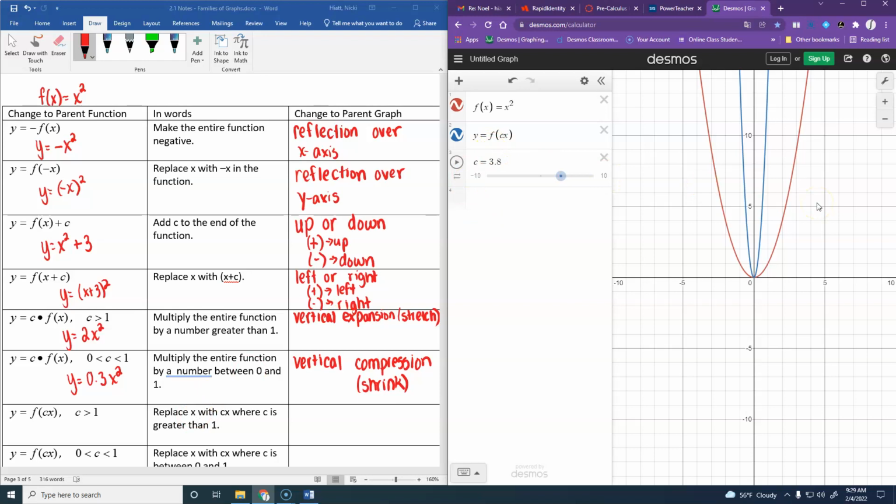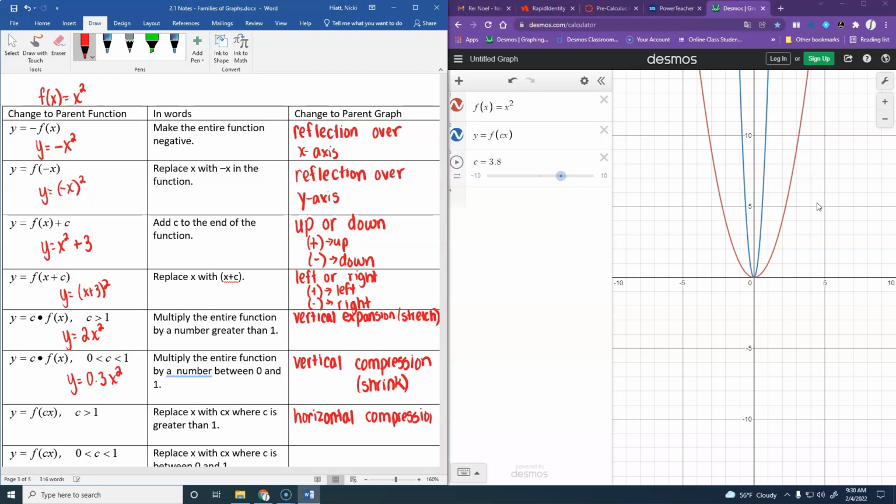We're thinking about taking that graph, and in this case, if we're thinking about width, multiplying by a big number squashed it in, right? It's skinnier, right? So this is going to be a horizontal compression.